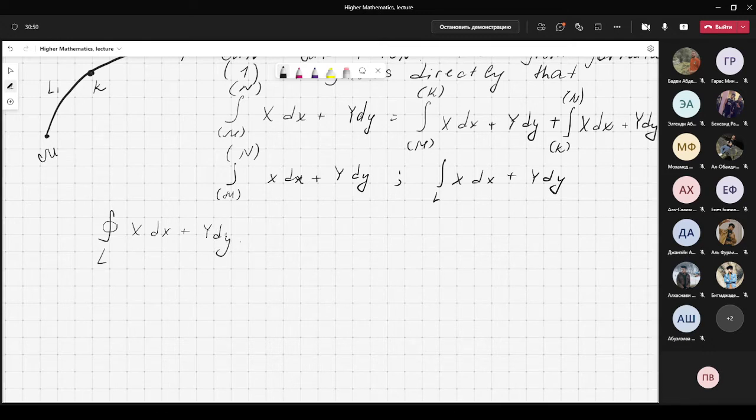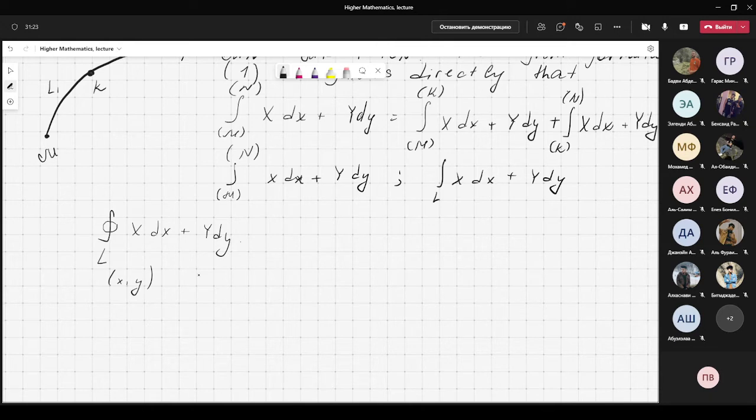We arrived at the concept of a line integral while considering the problem of the work of a force F on a curved path L. Here at all points of the curve L, the force F was given as a vector function of the coordinates of the point of application with coordinates x, y.